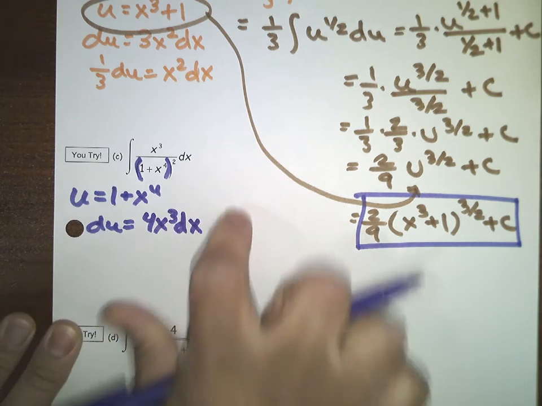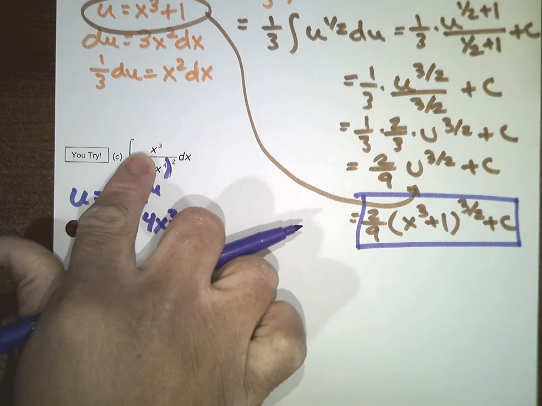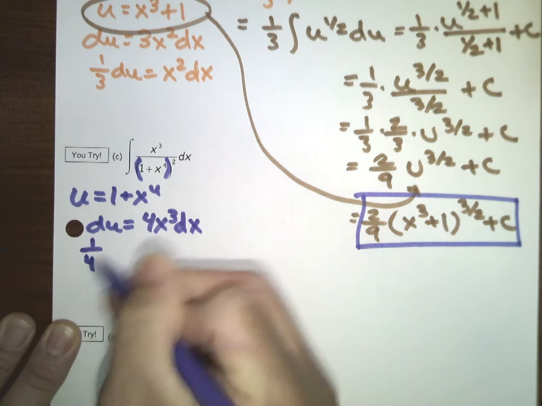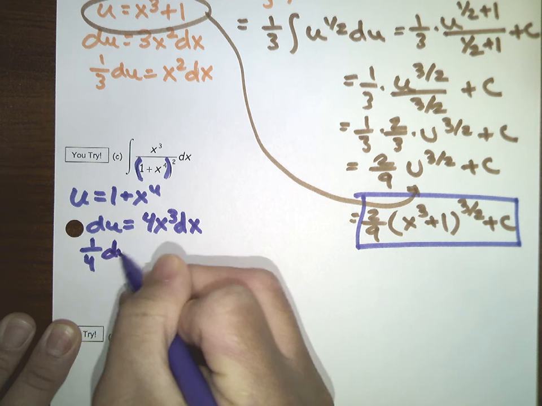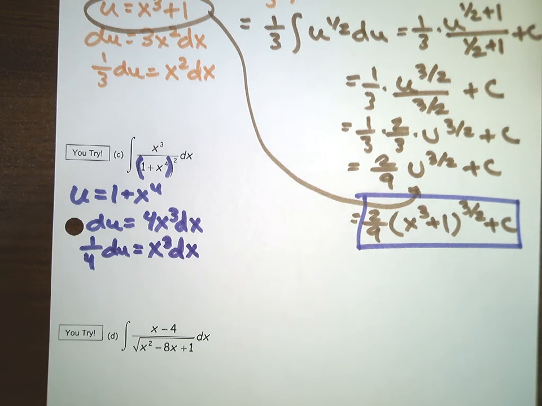You don't see a 4 in the original integrand, so I'm going to divide by 4 to get 1/4 du is x to the third dx. Then I just do the substitutions.